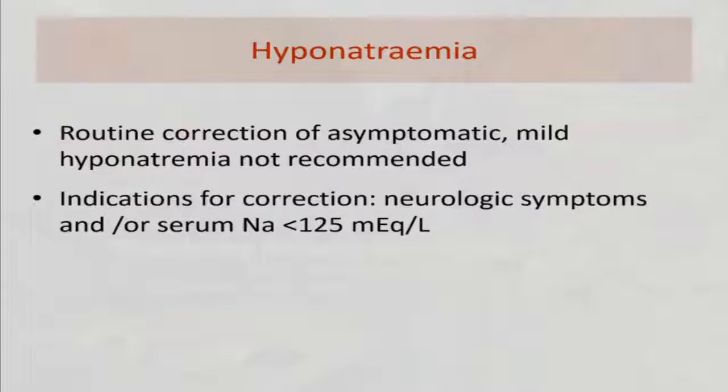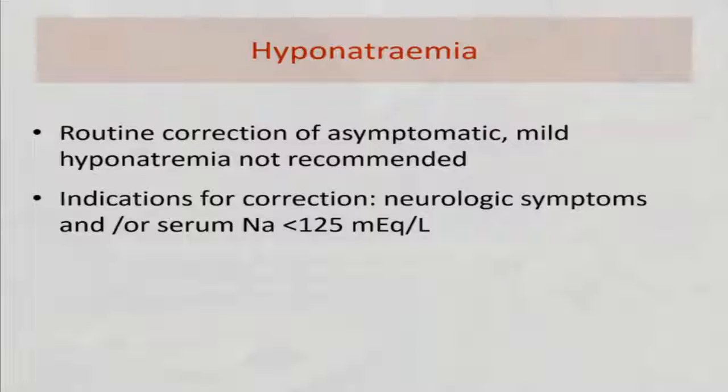Before I go on to treatment, a word of caution. Routine correction of asymptomatic and mild hyponatremia is not recommended by any of the guidelines. Indications for correction are either the development of neurological symptoms and or a sodium of less than 125 milliequivalents per liter.